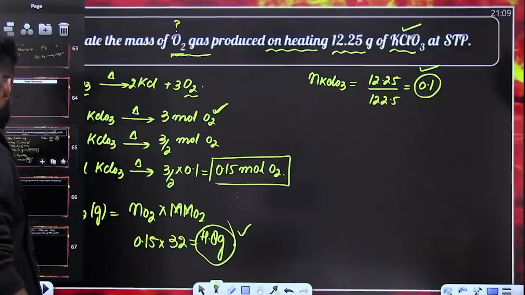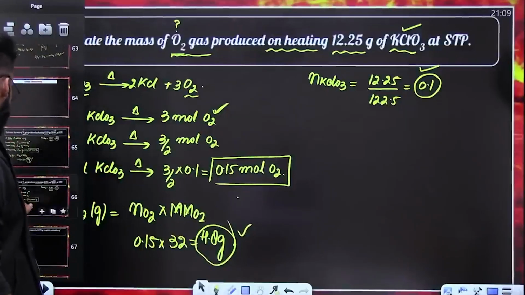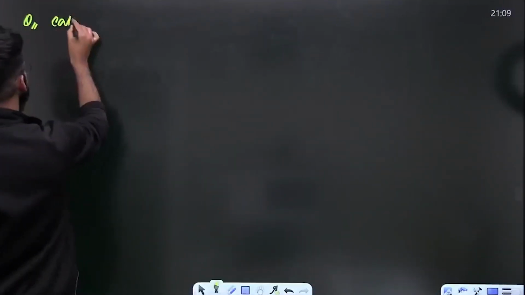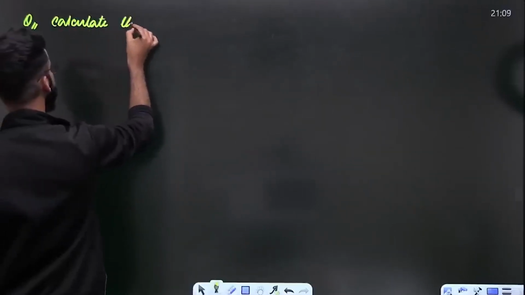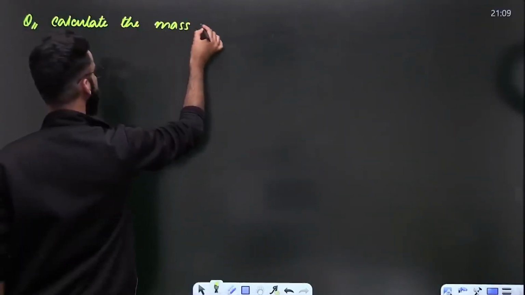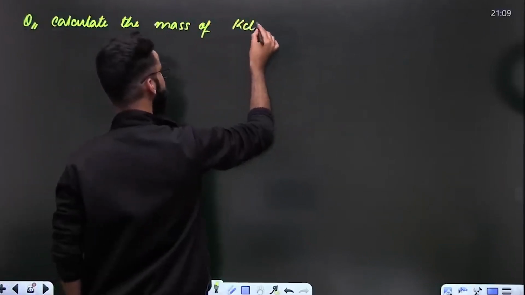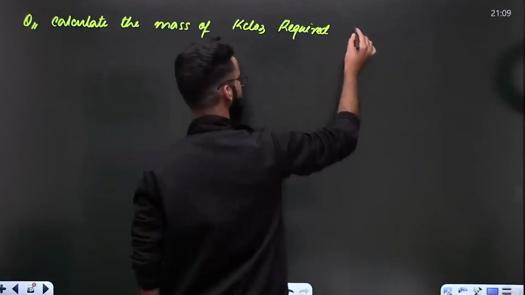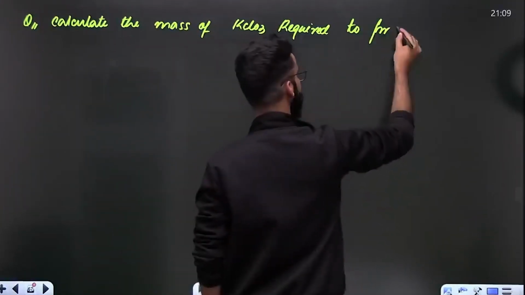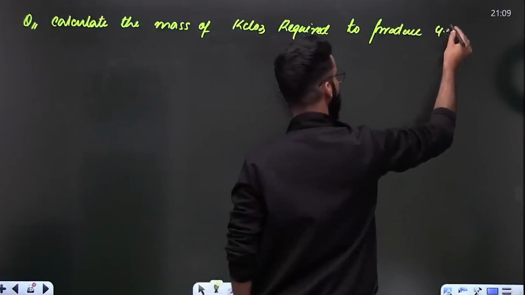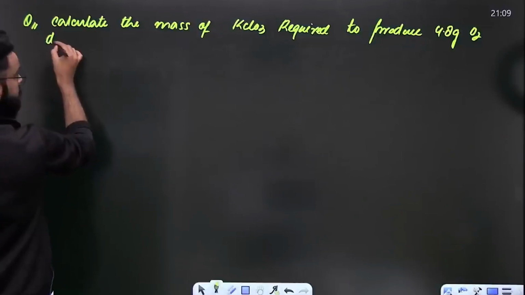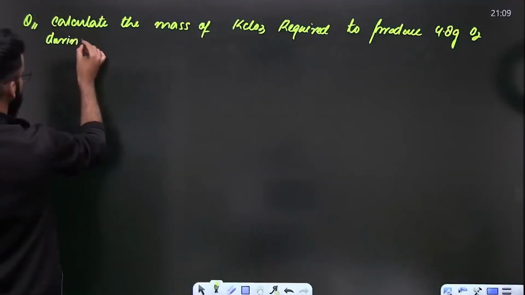And how exactly can you reverse the question? Let me show it to you. The question can be like this: Calculate the mass of KClO3 required to produce 4.8 grams of O2 during its decomposition.